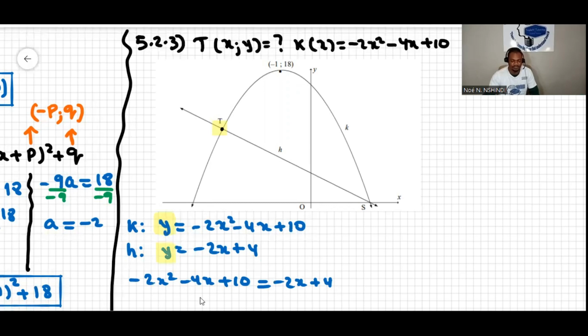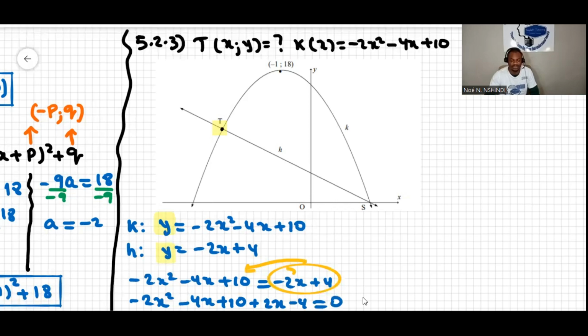So if I equate them, I'll move everything from the right hand side to the left hand side, and this will become negative 2x squared minus 4x plus 10 plus 2x minus 4 equals 0.